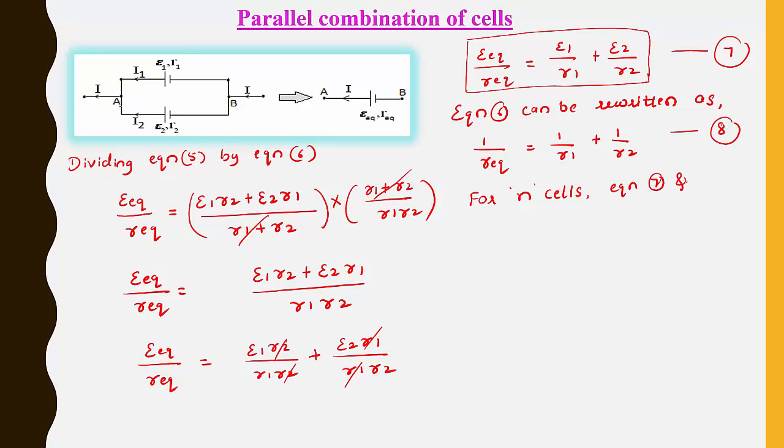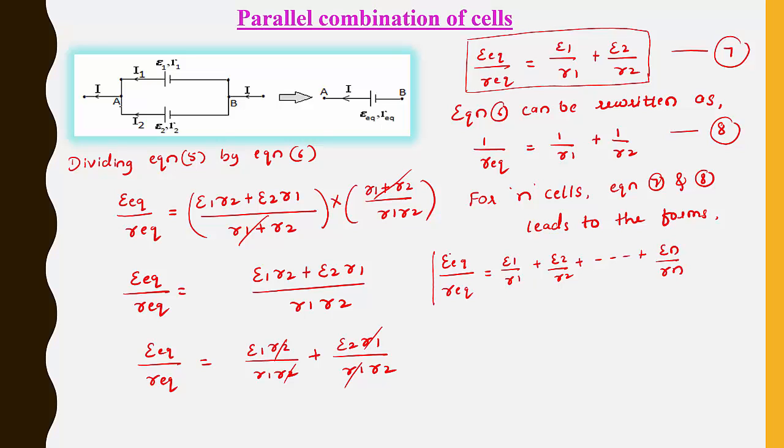Equation 7 and 8 can be written as E equivalent over R equivalent is equal to E1 by R1 plus E2 by R2, and so on up to En divided by Rn. This is for n number of cells connected in parallel.